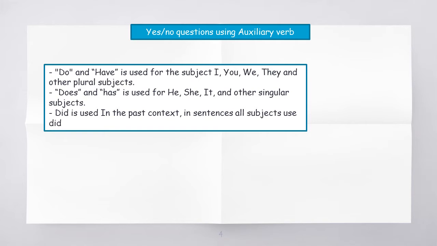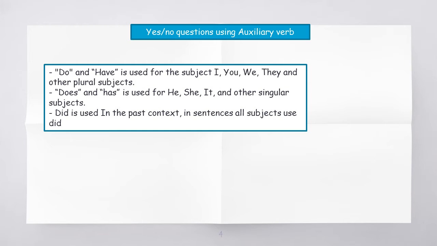The auxiliary verbs do and have are used for the subjects I, you, we, they, and other plural subjects. Does and has are used for he, she, it, and other singular subjects. Did is used in the past context. In a sentence, all subjects use did.